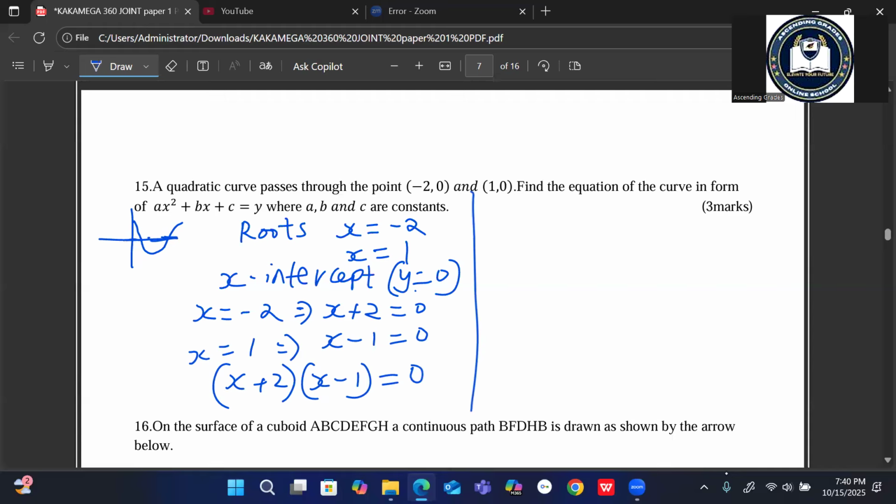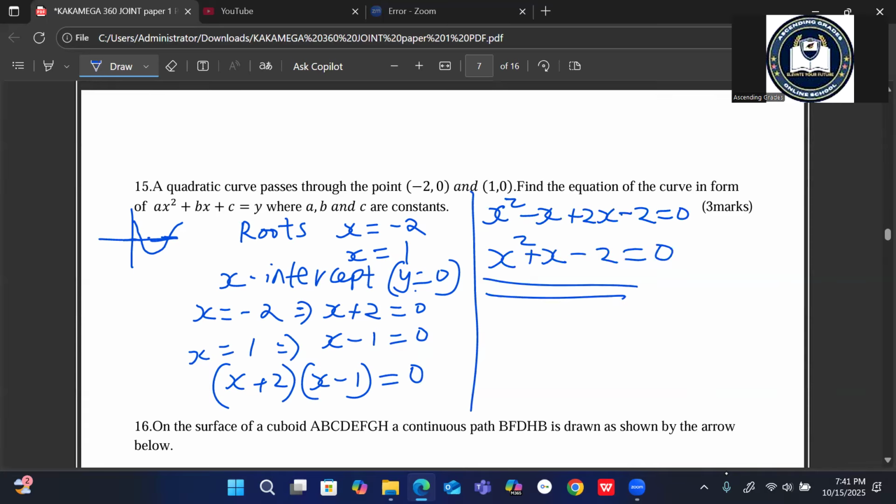So we'll have x squared minus x plus 2x minus 2 is equal to 0. Collecting like terms, minus x plus 2x gives you plus x, then minus 2 is equal to 0. So it is already in the form x squared plus bx plus c is equal to y, where y is 0. So that is the equation.